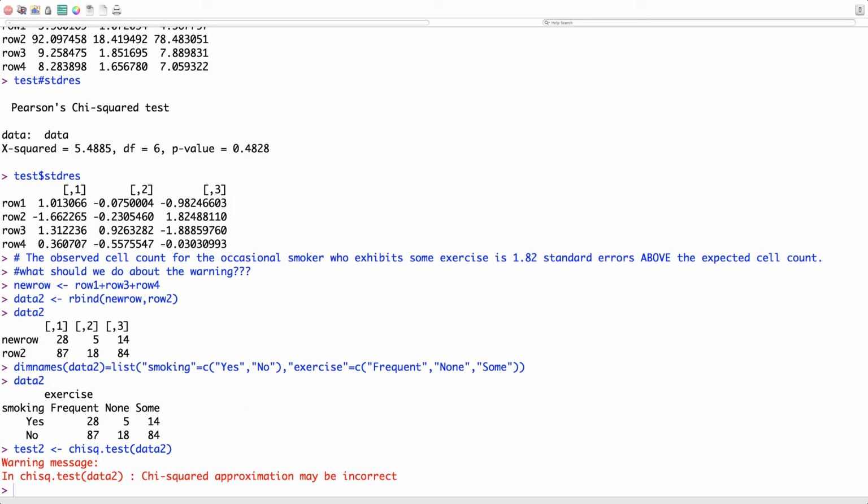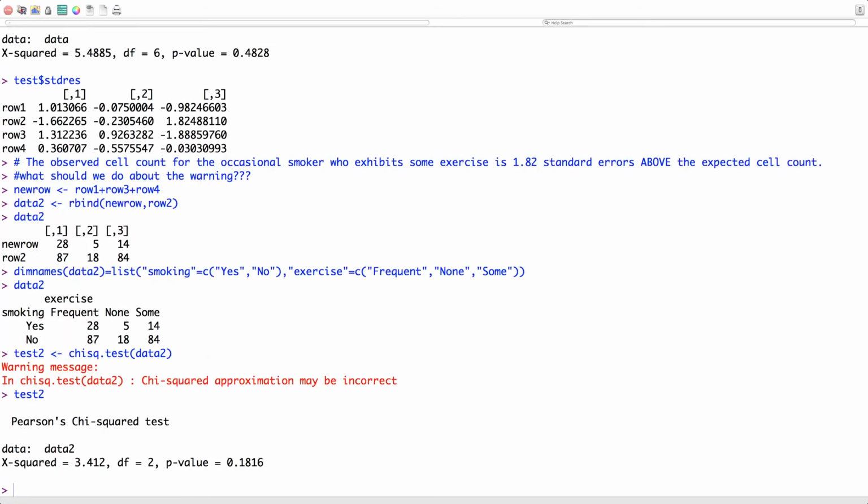Okay, so again we have a warning. That's no fun. And we still don't reject the null. So guys, if you have any friends out there who are smokers, it doesn't appear there's any relationship between smoking and not smoking and their exercising or not exercising.